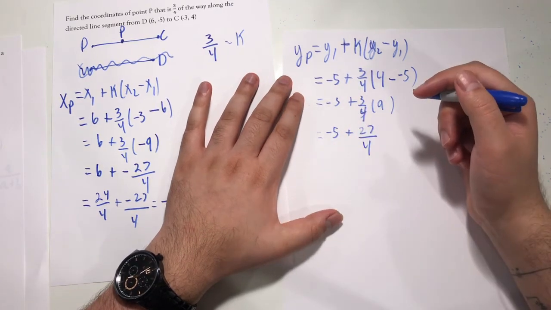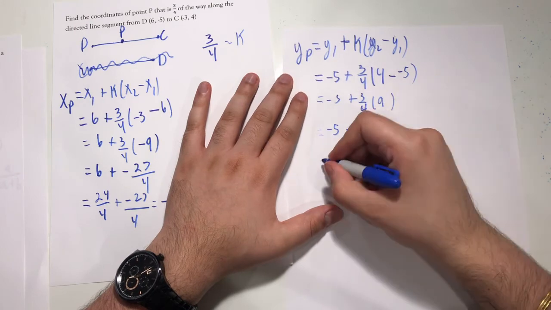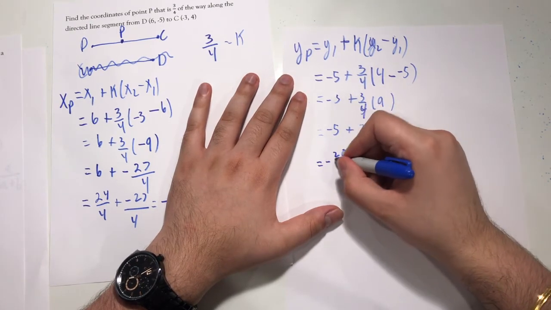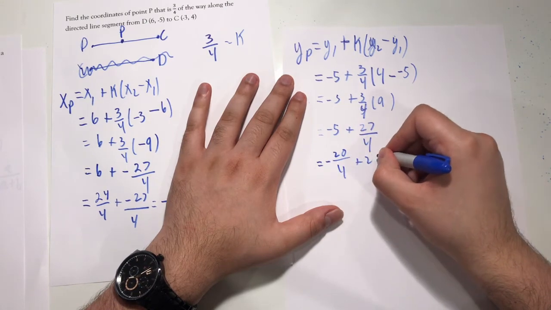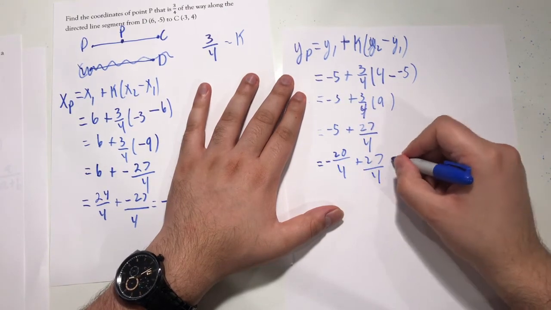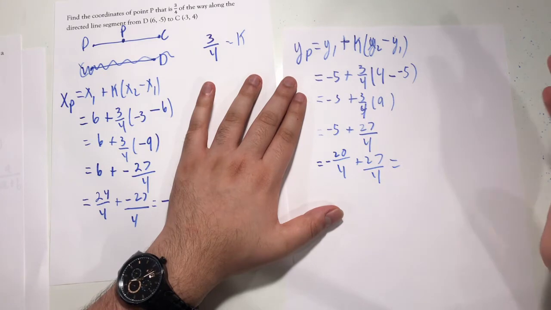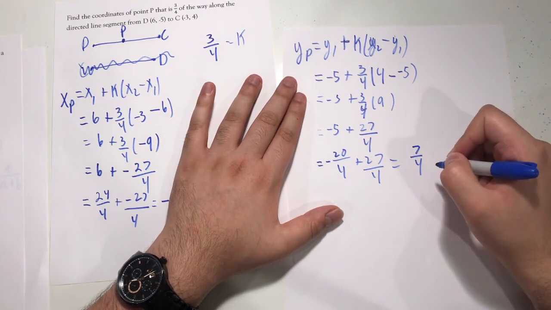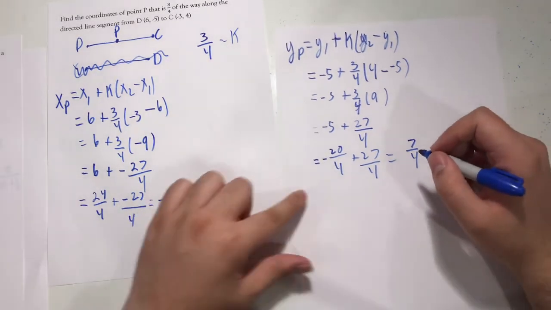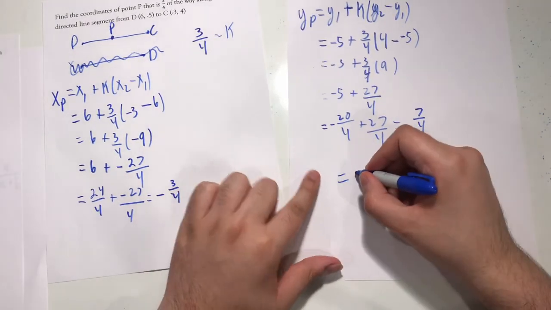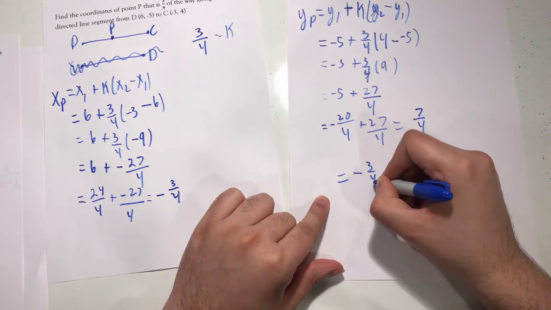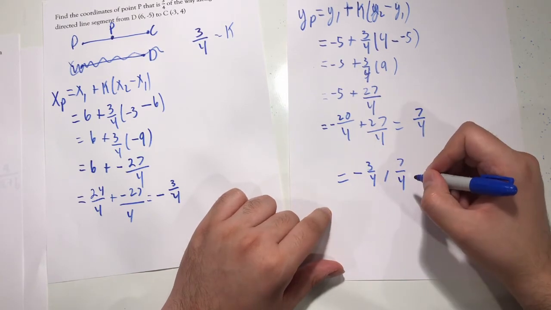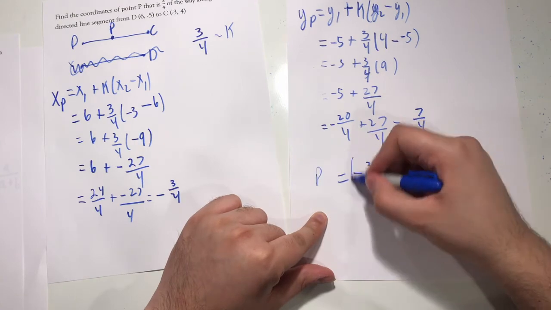And by adding those together, the negative 5 becomes negative 20 over 4 plus 27 over 4. We get a final answer for our y coordinate of positive 7 over 4. So our final coordinate point equals negative 3 over 4, comma, 7 over 4. And that's the point of the partition.